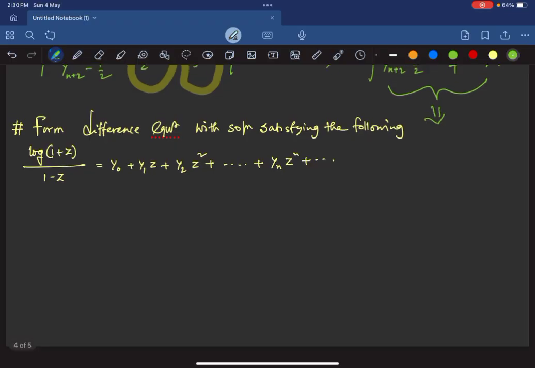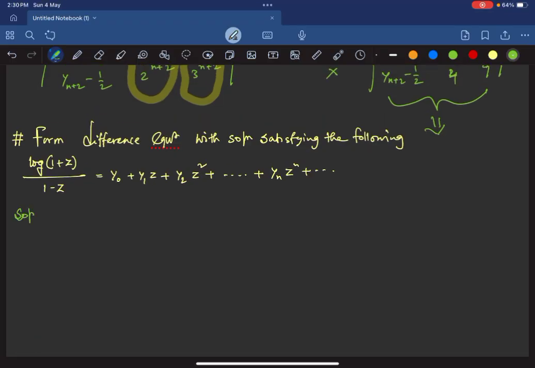See, this type of question is also important, that is, the solution satisfies this relation. So from here we need to determine the equation. So what you can write: log(1 plus z) can be expressed like this, (1 minus z) multiplied with y0 plus y1 z plus y2 z square plus yn z power n plus so on.